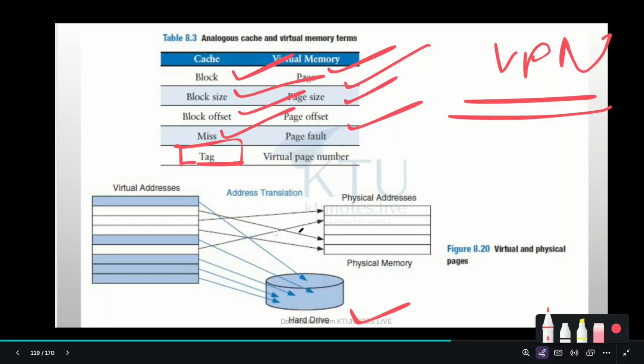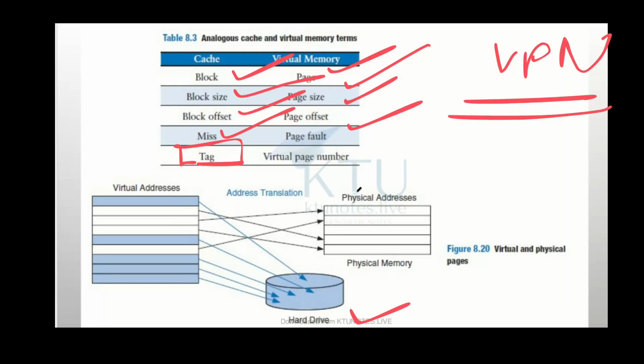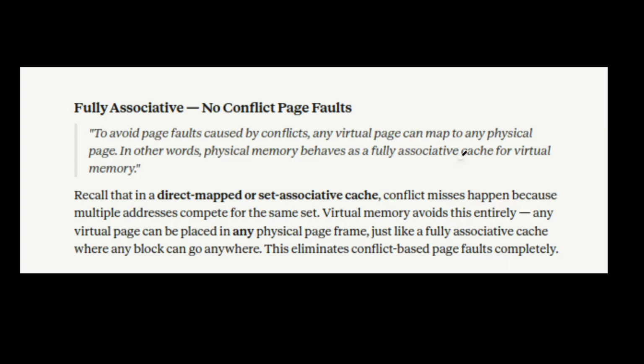So there is an address translation, meaning this virtual address I have to convert into the physical address. In a fully associative cache, we know there is no conflict. To avoid page faults caused by conflicts, any virtual page can map to any physical page. So in other words, physical memory behaves as a fully associative cache for virtual memory.